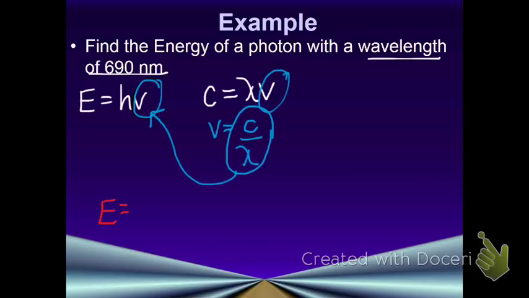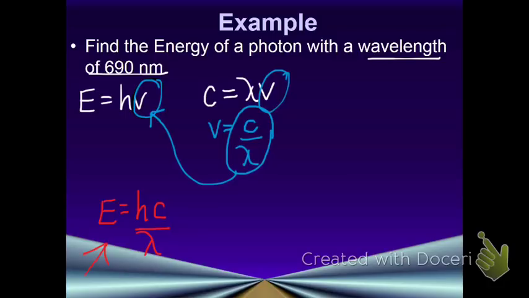Energy is equal to h times the speed of light, over wavelength. Now, if you don't want to use it that way, you can solve them as two separate equations, solve the speed of light equation for frequency and then plug it in, or you can save yourself some time and do it this way. It does not matter to me which way you do it, but this way will save you some time.